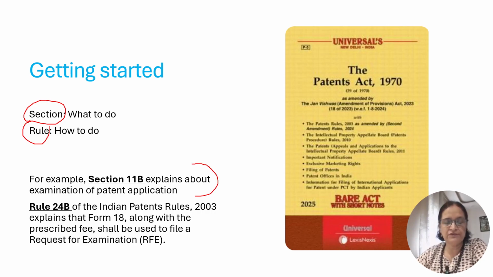You have to request for examination. But Rule 24B of the Indian Patents Rules 2003 explains that Form 18 has to be used, what the fees are, and how the form should be filled. So sections tell you what is to be done under this act, and rules explain to you how it is to be done.